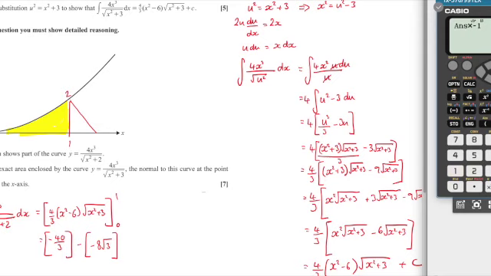And then we want to subtract 40 over 3. So that area is positive. Minus 40 plus 24 root 3 over 3.